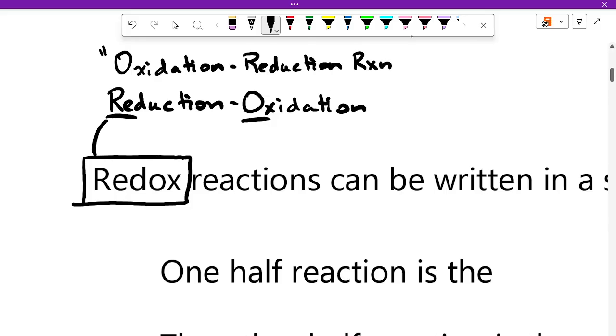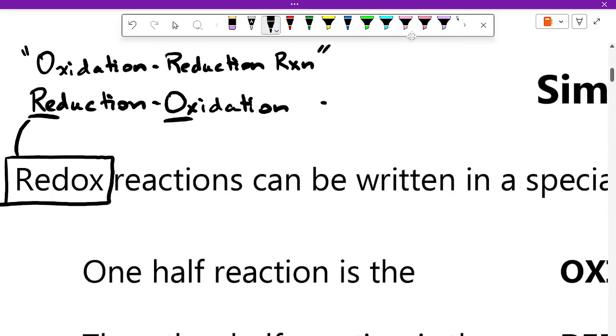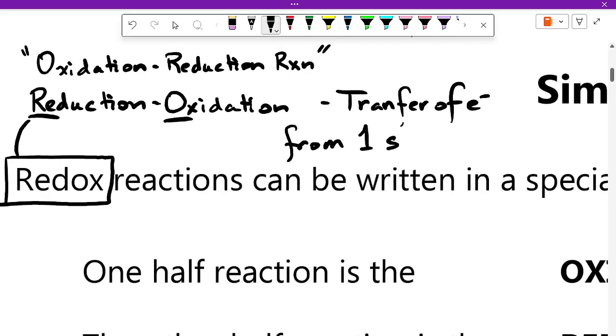And it involves the transfer of electrons from one species to a second species. And we can actually separate a redox reaction into two half reactions.